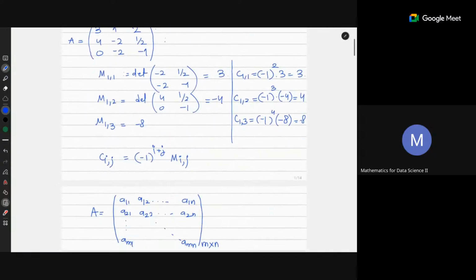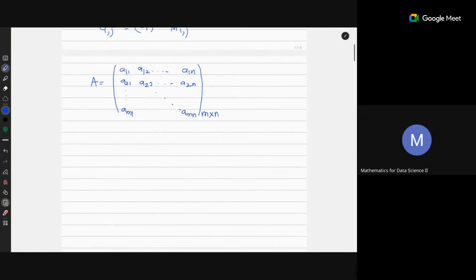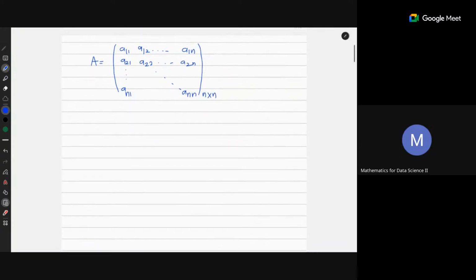To find the minor and cofactor, we need to work with a square matrix. This will only make sense when m is equal to n. So let me take it to be an n cross n square matrix. Now what is the minor ij of the ijth entry?